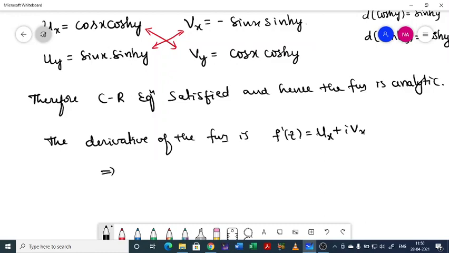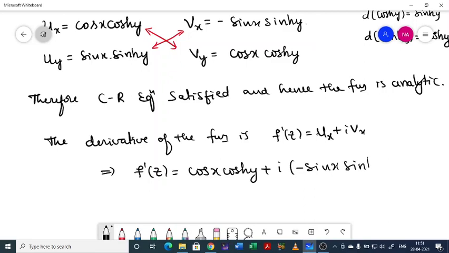Which implies f dash of z equal to ux, that is cos x cos hy, plus i into vx, that is minus sin x sin hy. As usual, put x equal to z, y equal to 0.